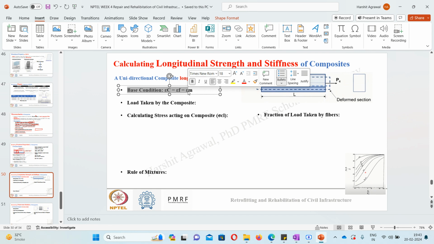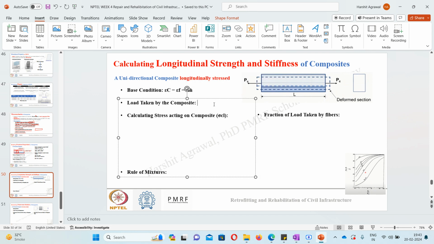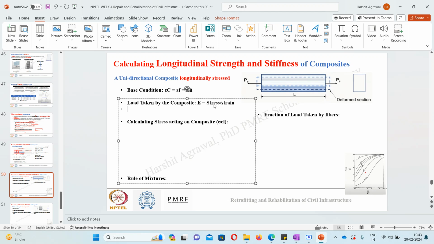Okay. Now I know the relationship between stress and strain. Modulus of elasticity is nothing but stress upon strain. This I know. And the total load taken by composite, PC, is nothing but the load taken by fiber plus the load taken by matrix.